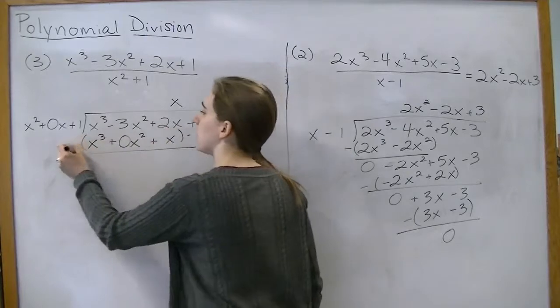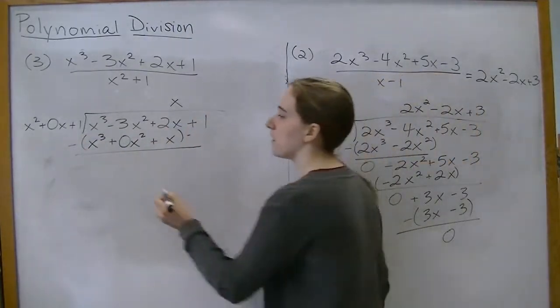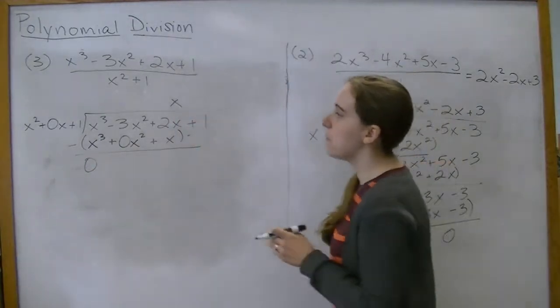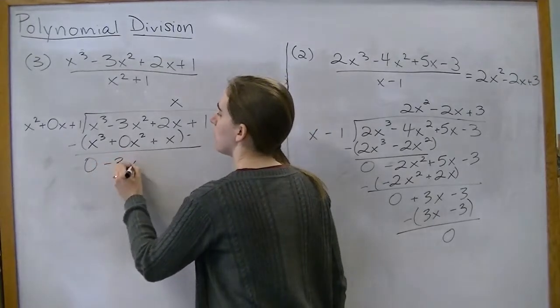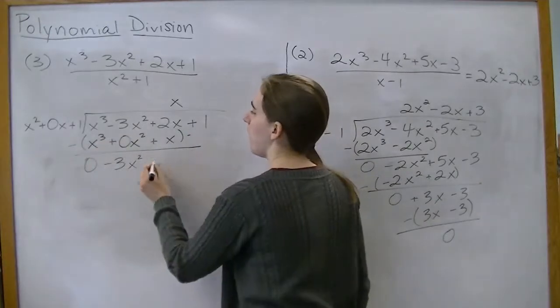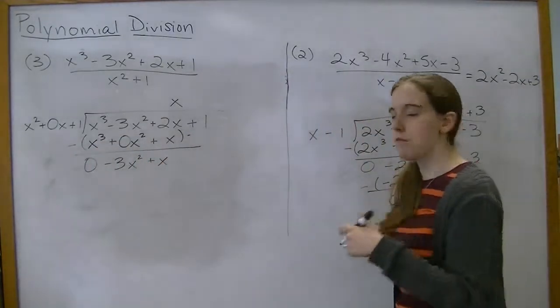And again, I need to subtract all of that away. So x cubed minus x cubed cancels. It's a good start. Then minus 3x squared minus 0x is still going to be minus 3x squared. And then 2x minus x is going to be x. Then I can bring down my 1.